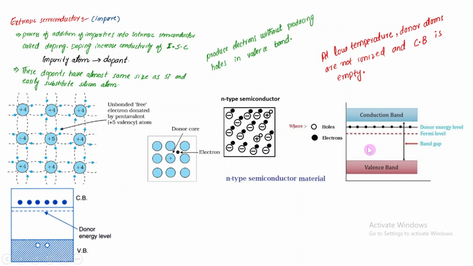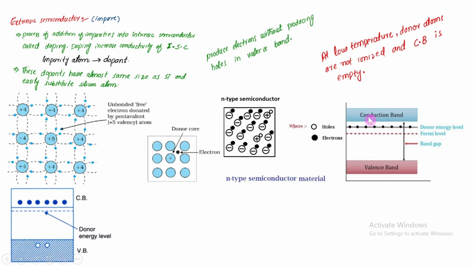Now if we increase the external temperature from 0 Kelvin, all these electrons, since the band gap is less, will take that energy from the heat and will jump into the conduction band.